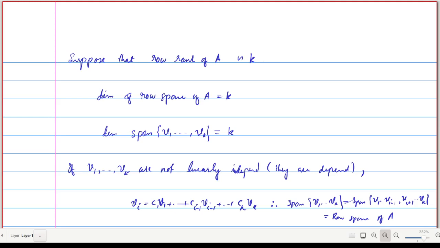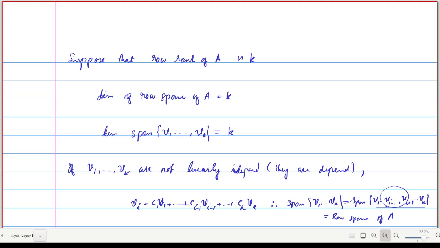Now if all of these are linearly independent, then the row rank will be k minus 1, because it contains only k minus 1 vectors. Otherwise, if this is not linearly independent, then you can reduce this spanning set.